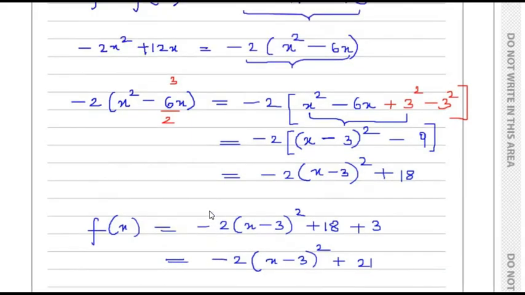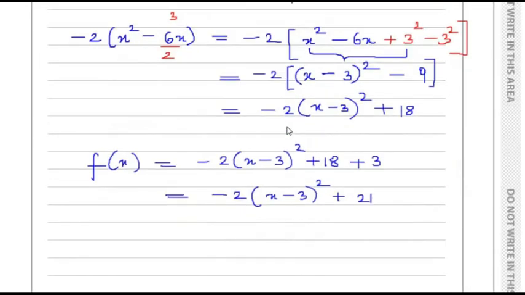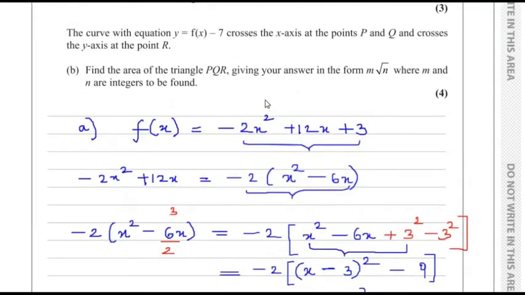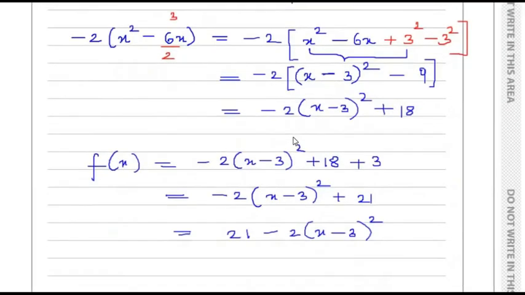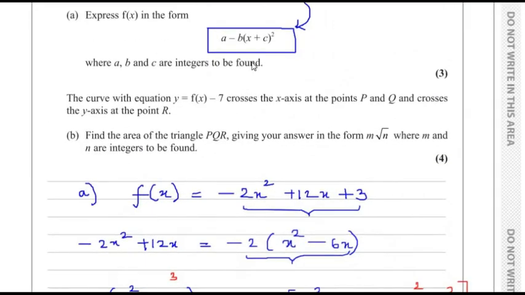Now they want us to get the answer in this format, a minus b(x plus c) the whole squared. So I'm going to rearrange it and write it as 21 minus 2(x minus 3) the whole squared. So let us see whether it matches the format they have given here. This is what was given here: a minus b(x plus c) the whole squared.